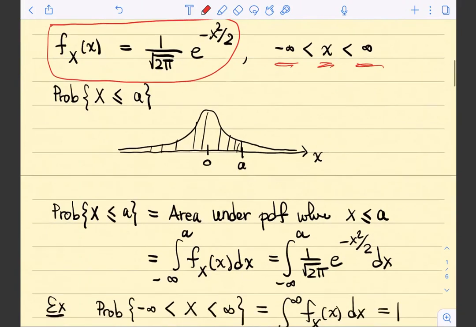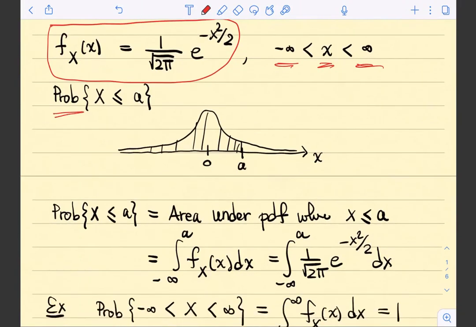For example, I want to find the probability that the random variable x will output a value that is less than or equal to the value a. I'm looking for the probability, or the percentage of time, that the random variable x will output some number that is less than a.